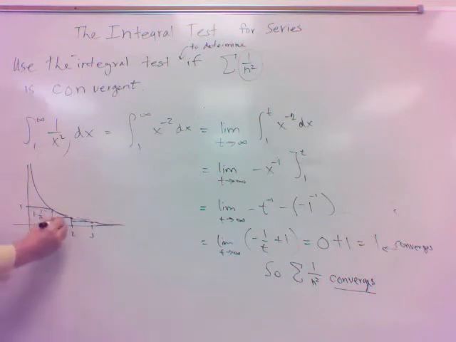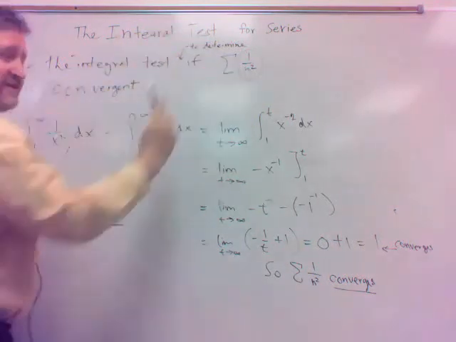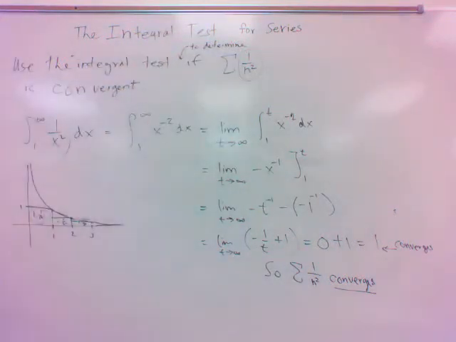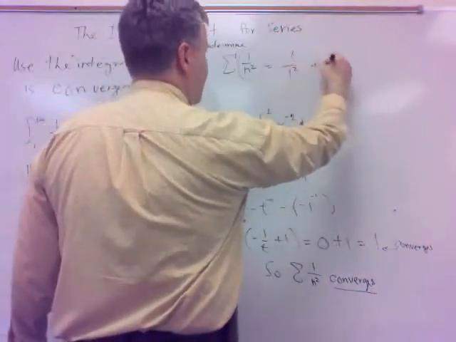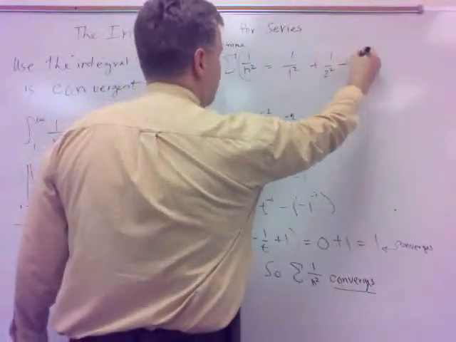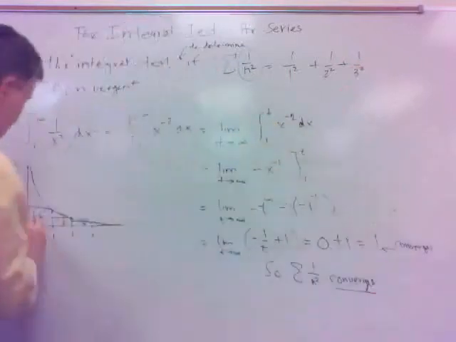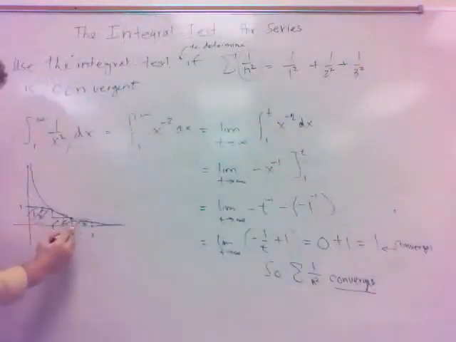This is 1 times 1 over 2 squared, that box, or the rectangle. And then this would be 1 times 1 over 3 squared as far as area goes. Each one of these terms corresponds to a term of the series, right? Because the terms of this series would be 1 over 1 squared, 1. The second term would be 1 over 2 squared, 1/4. 1 over 3 squared. Well, doesn't that line up with those?